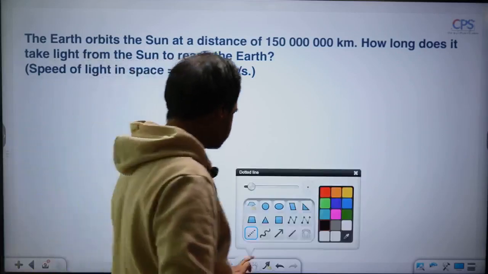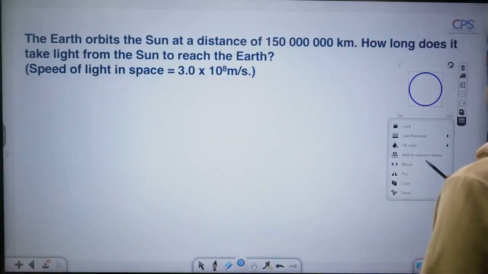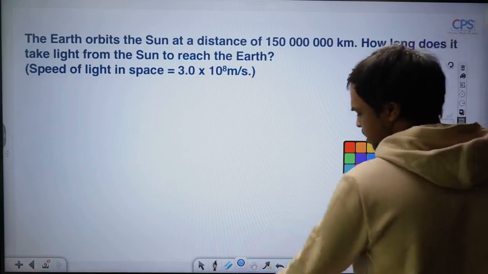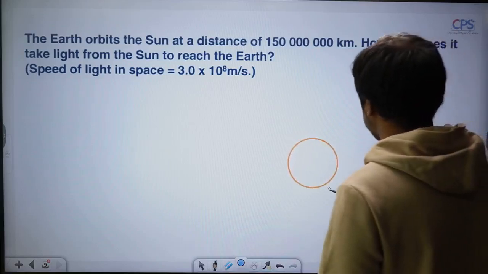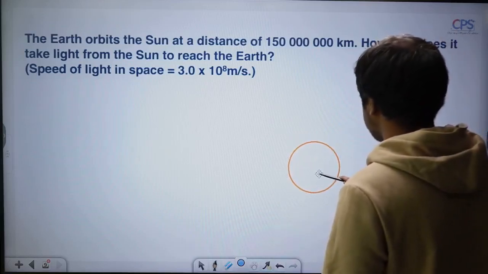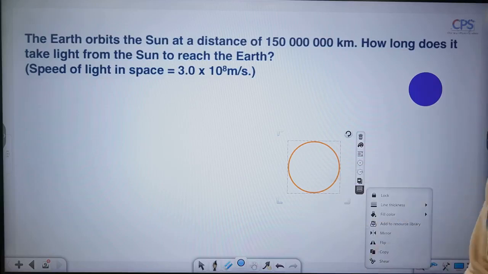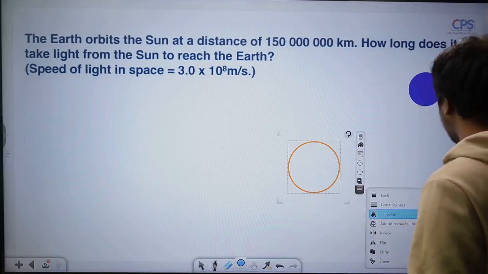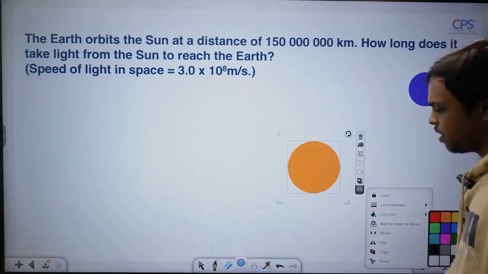So earth, that's our planet right here. Let me fill it with green. And the sun is a bigger thing, of course, much more bigger, but you can just draw it anywhere like that, and this is the sun.